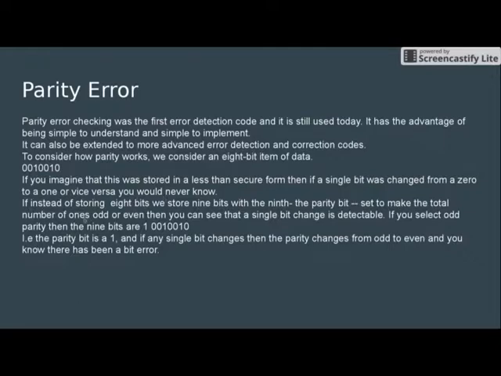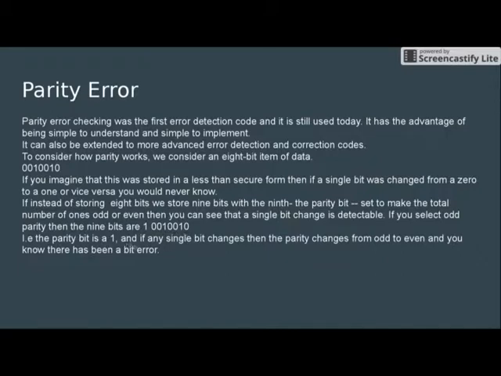So, if instead of storing these 8 bits, we store 9 bits, with the ninth, the parity bit, set to make the total number of ones odd or even, then you can see that a single bit change is detectable. If you select odd parity, then the 9 bits are 0, 0, 1, 0, 0, 0, 1, 0, 1. That is, the parity bit is a 1.